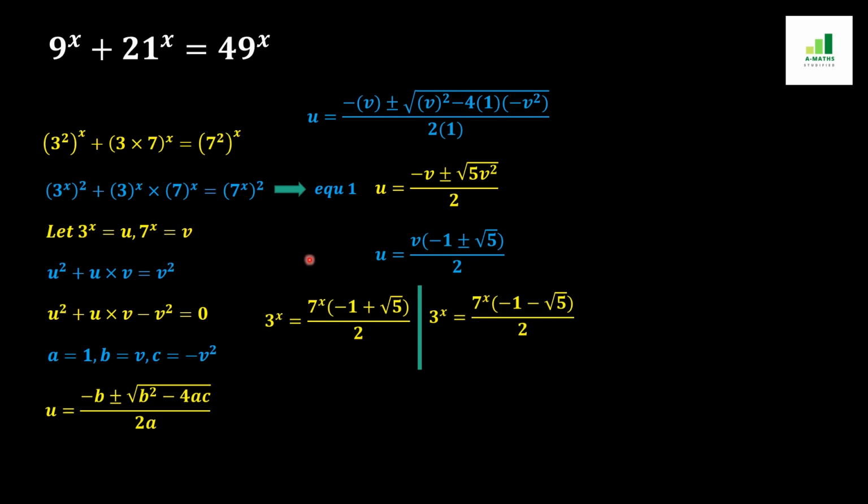Now first we should solve our question for this value, which is 3 to power x is equal to 7 to power x into minus 1 plus under root 5 over 2.